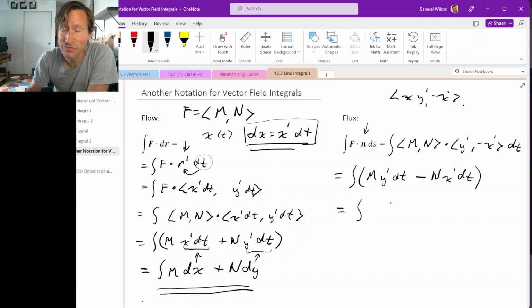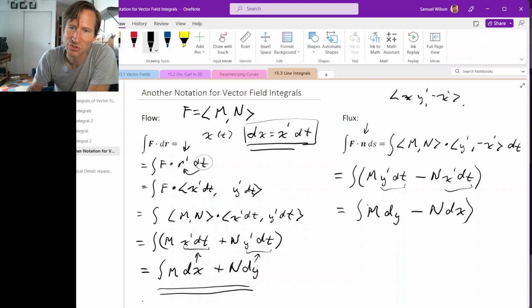And so one nice way to write this flux integral is M times dy minus N times dx. So this is one nice way to write this flux integral. Some people prefer this notation.